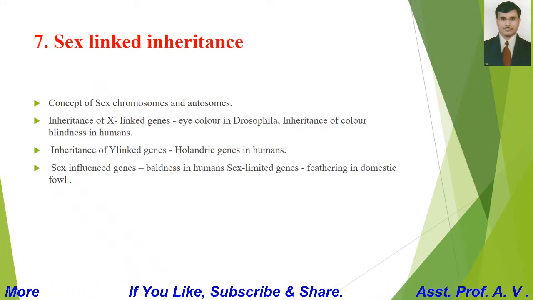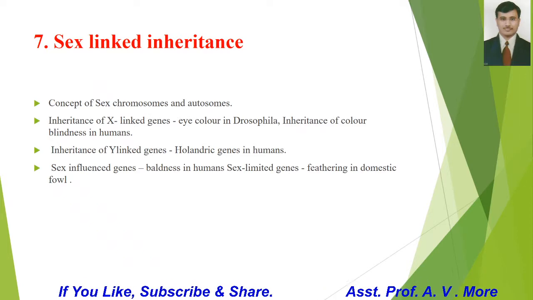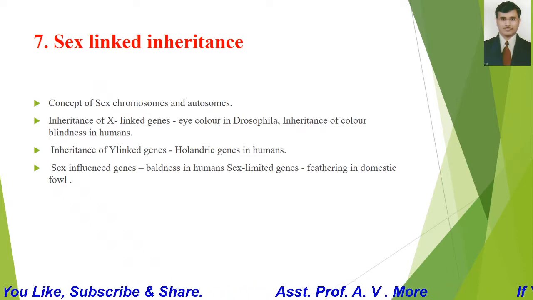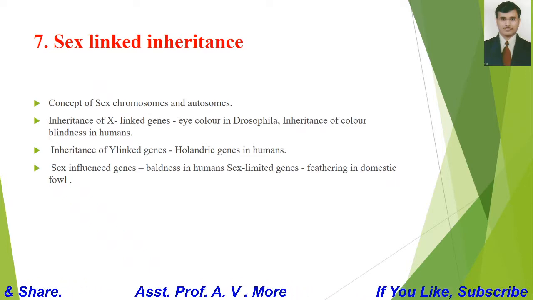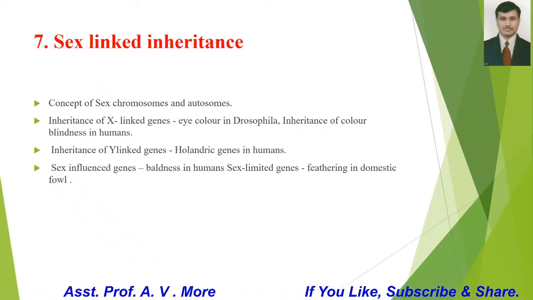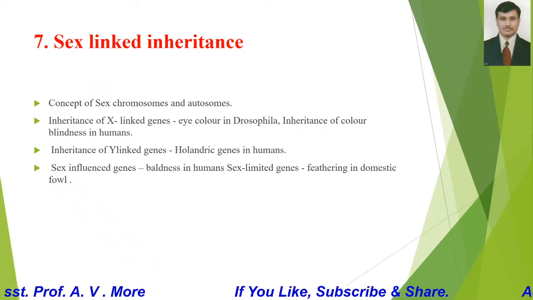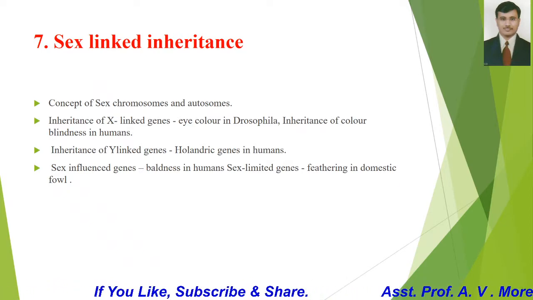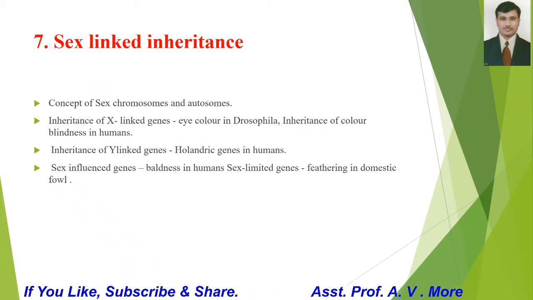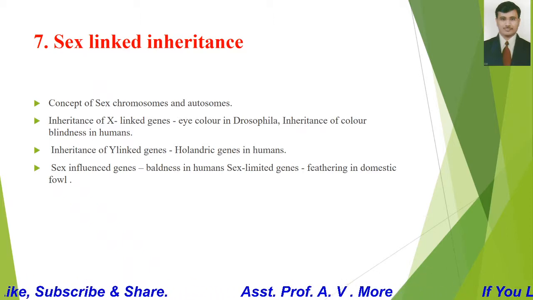In that topic we have to study holandric genes in humans, and next point, sex influenced genes. In that topic we have to study baldness in humans, and sex limited genes, that is feathering in domestic fowl. So all those points we have to study in unit number 7.